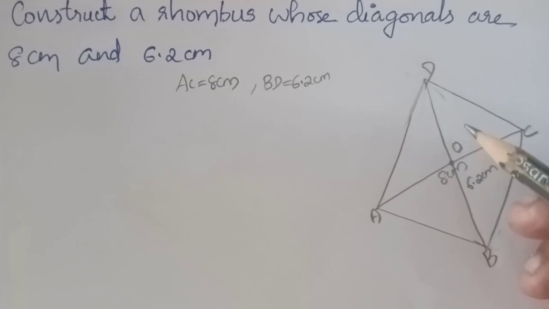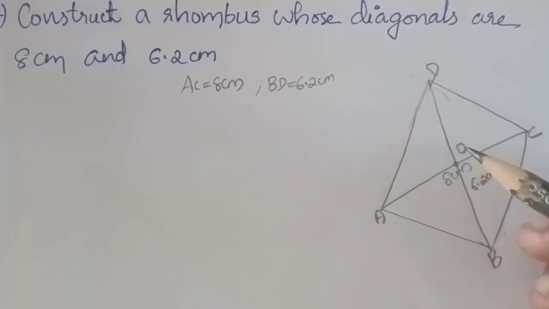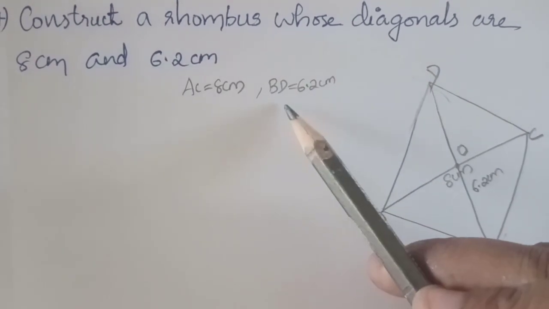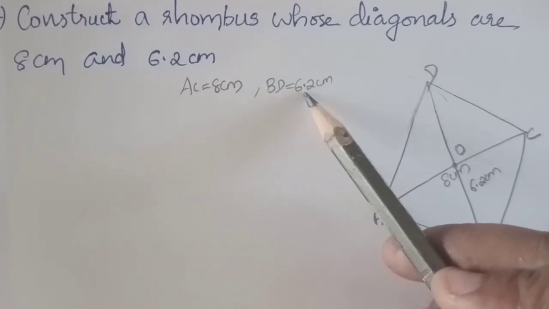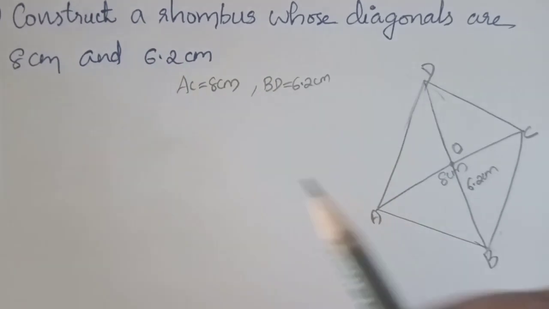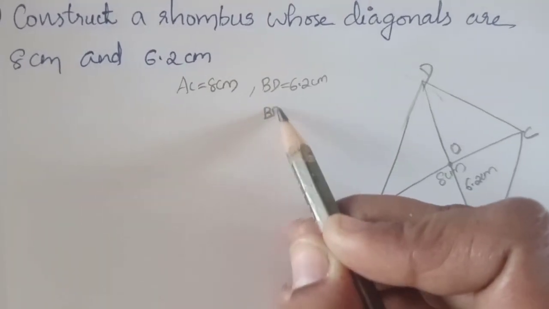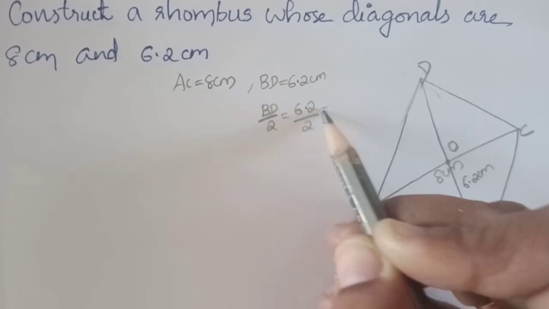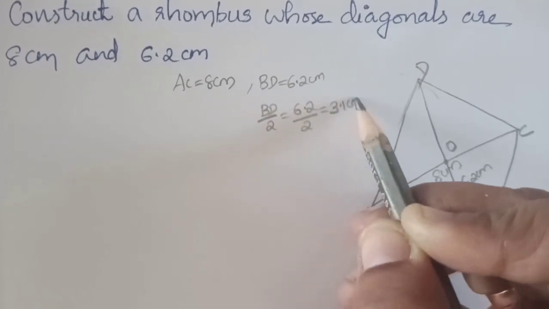We know that the diagonals of a rhombus bisect each other at right angles. So here the length of BD is 6.2. So half of BD is equal to 6.2 divided by 2, which is 3.1 cm.